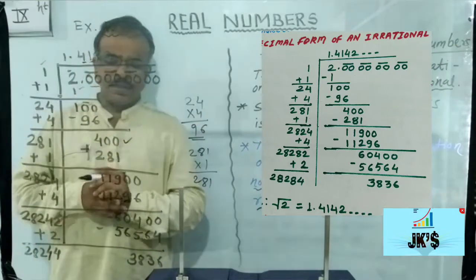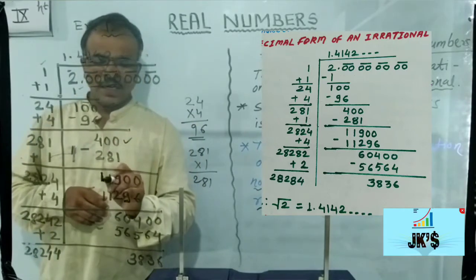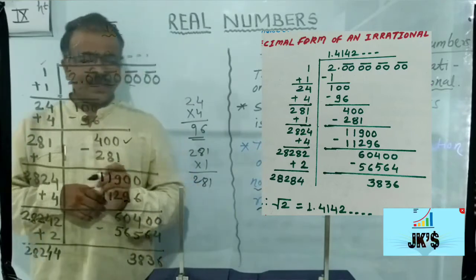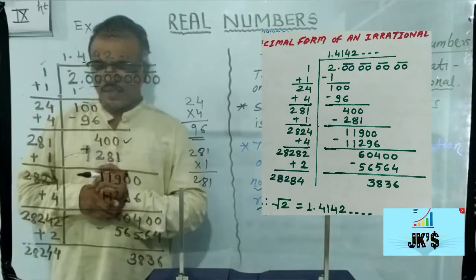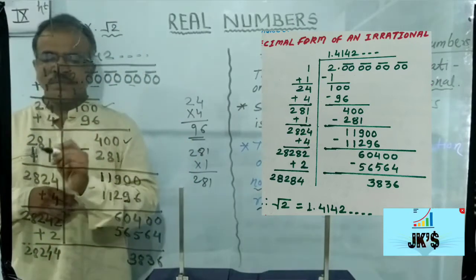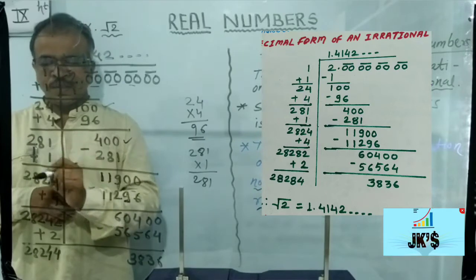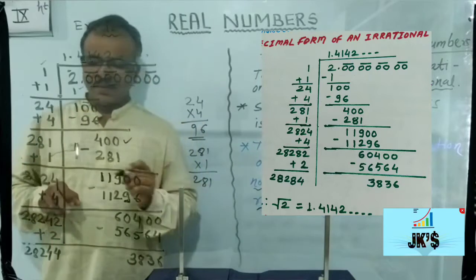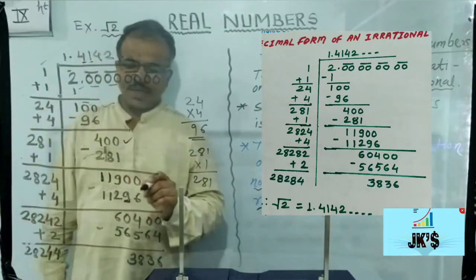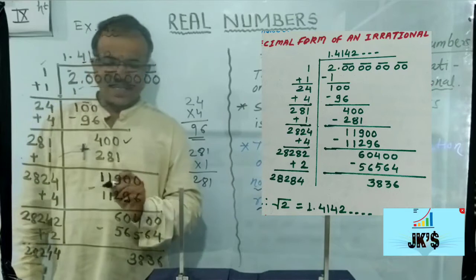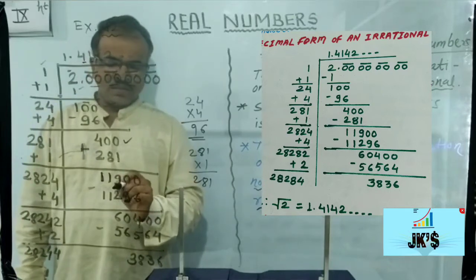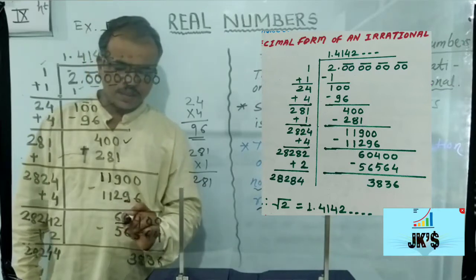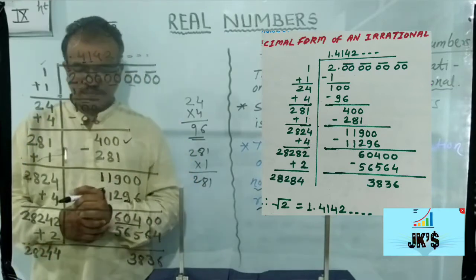400 minus 281 is 119. Take the next group of zeros, it becomes 11,900. We add 281 plus 1, that is 282, and dividing by 4 it becomes 11,296. We subtract 11,296 from 11,900, that is 604.